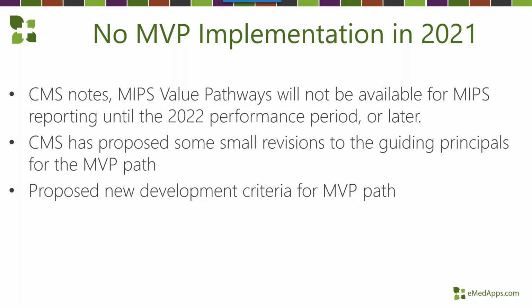And just so everybody knows, MIPS Value Pathways is just a set of measures and activities that can be used to meet the MIPS reporting requirements. So it's specific measures and activities that CMS gives that some organizations may choose to move forward with, with the ability to meet those reporting requirements laid out by CMS.